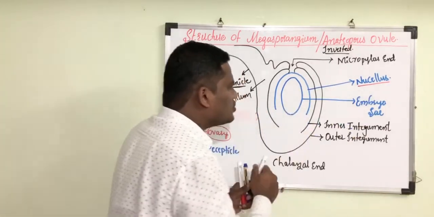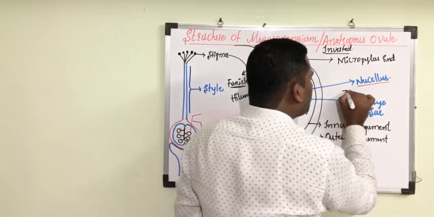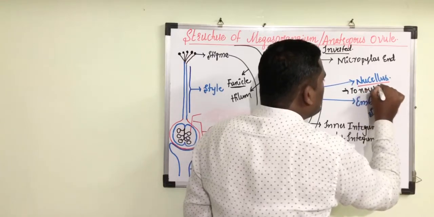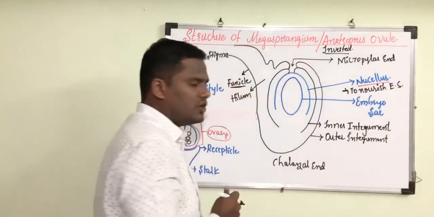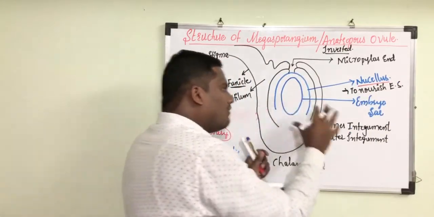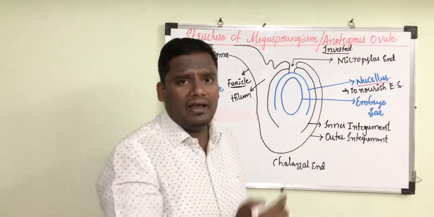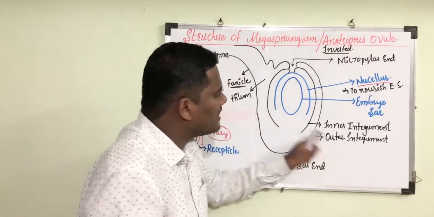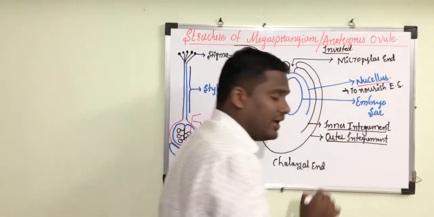This embryo sac is surrounded by the nucellus, whose main function is to nourish the embryo sac. To cover the embryo sac as well as the nucellus, we have two protective layers, called the outer integument and the inner integument.